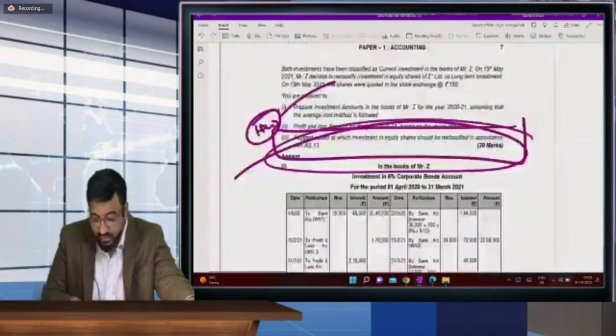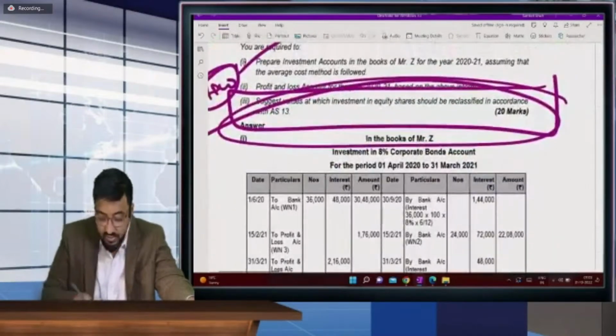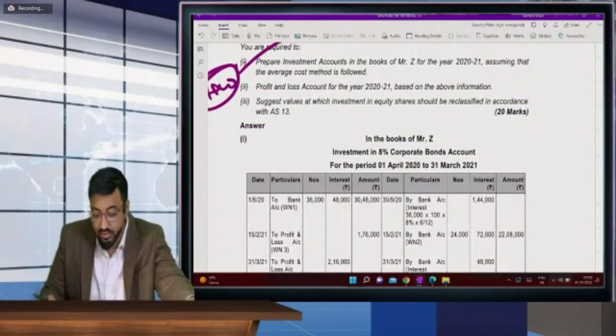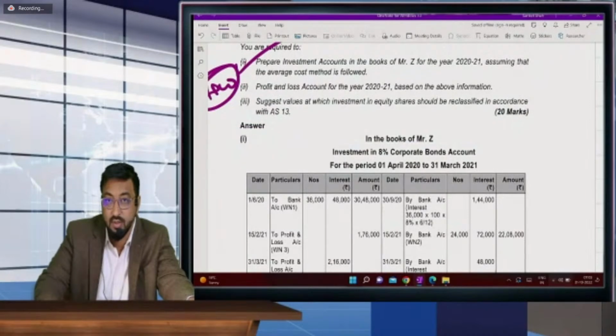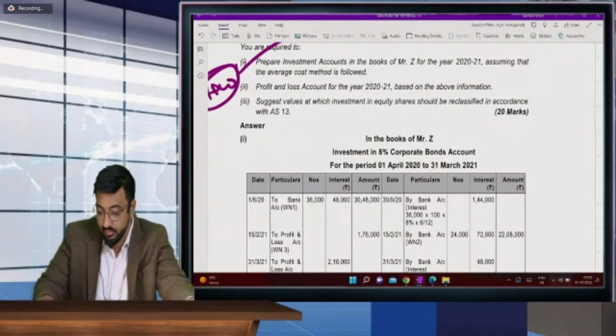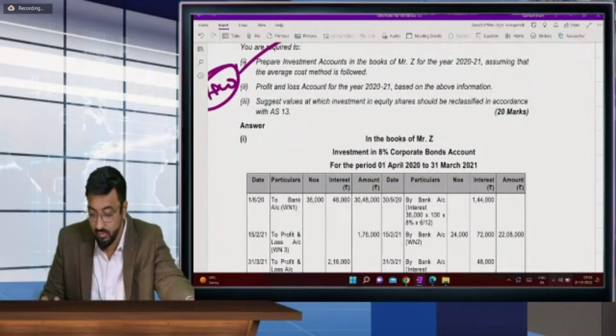Now today's session suggests values at which investment in equity shares would be reclassified in accordance with Accounting Standard 13.